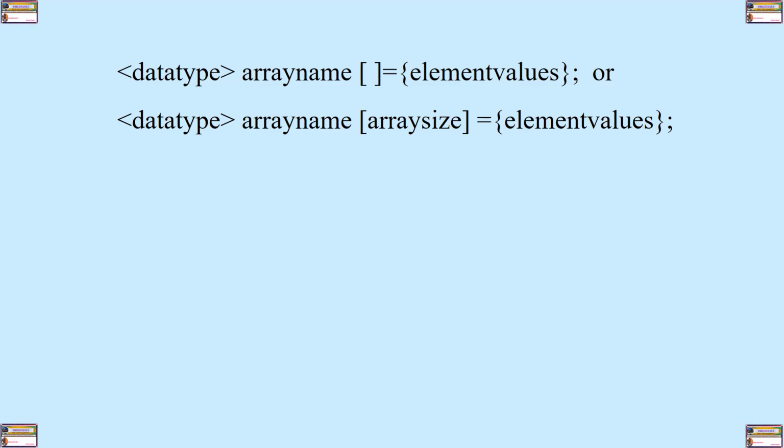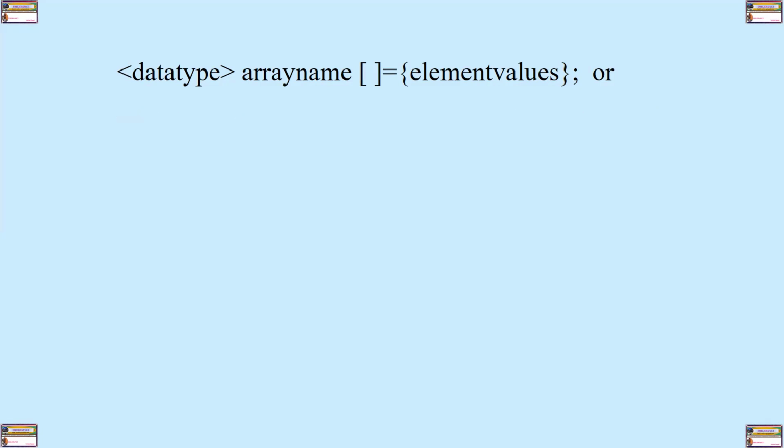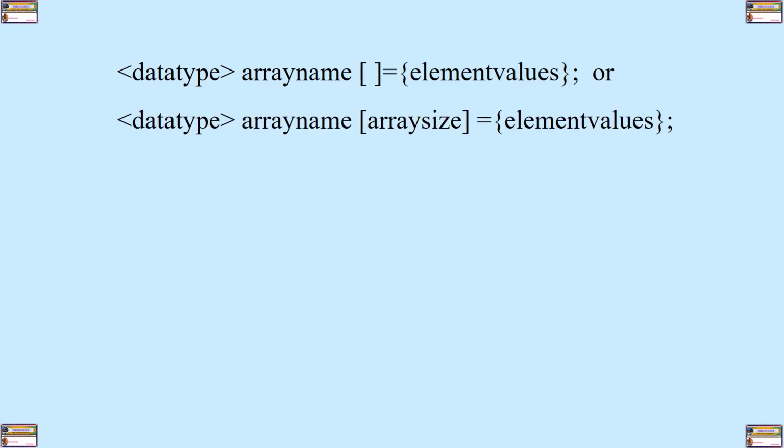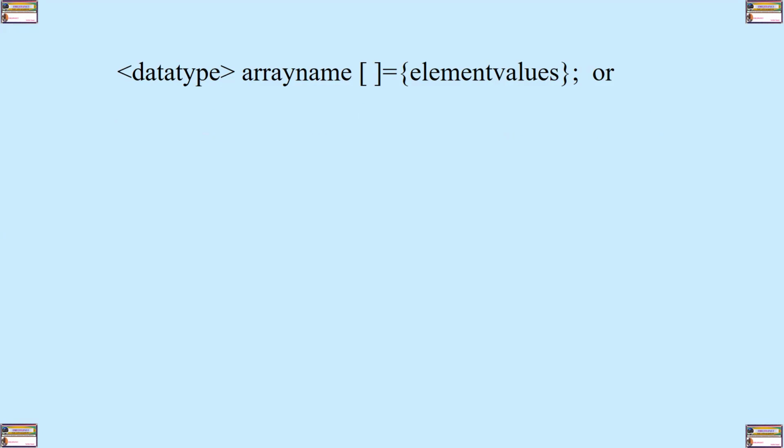When we use the second statement, we normally use it if the number of elements you are going to assign at declaration will not be enough, so that adequate space is reserved. But if you are going to have all the elements for your array already entered at declaration, then you don't need to include anything in the square brackets.